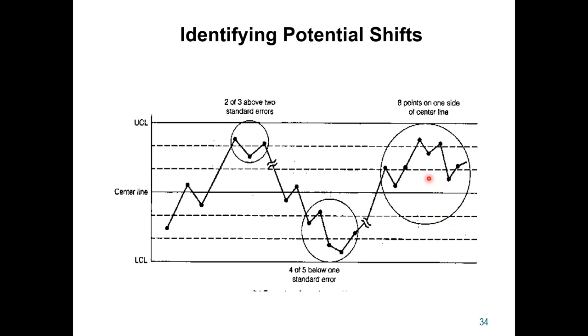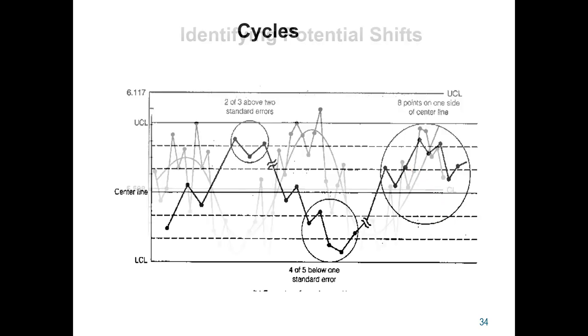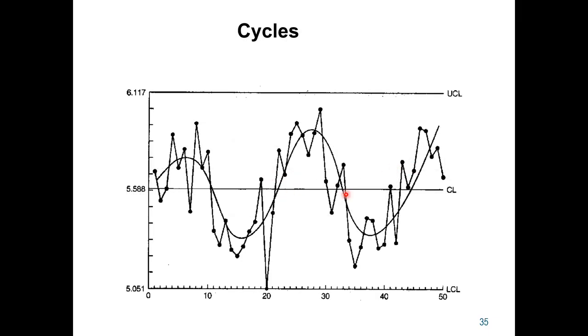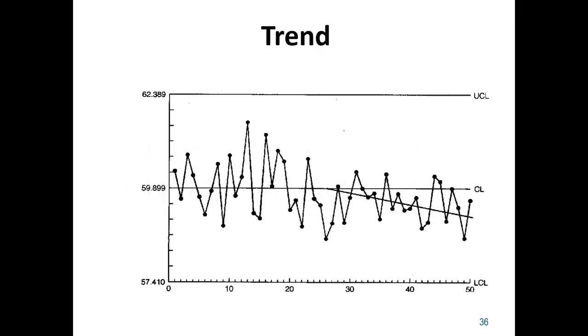So this identifies the presence of a shift in the mean value. This is a cycle. This is a downward trend, downward quality characteristic readings. Downward trend.